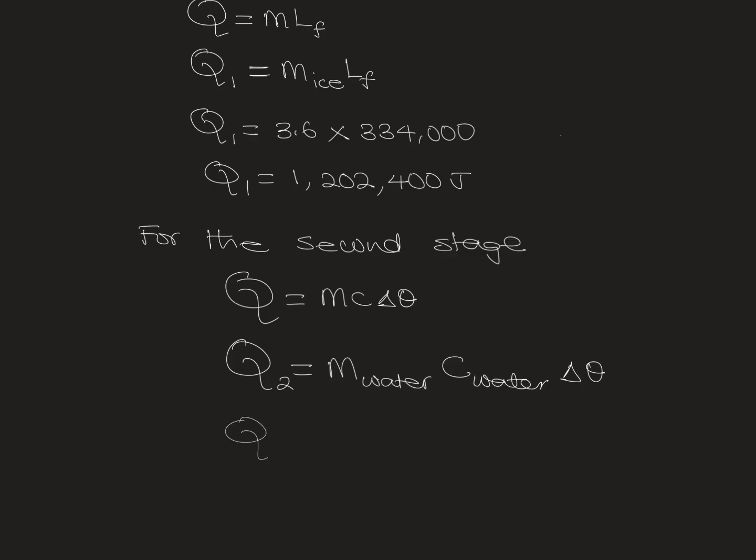So Q2 is equal to the mass of the water, which will be the same as the mass of the ice because it's the ice that is turning into water. Multiply this by the specific heat capacity of water, 4,200. Multiply this by the change in temperature, final minus the initial. The final temperature is 60 minus the initial temperature 0.